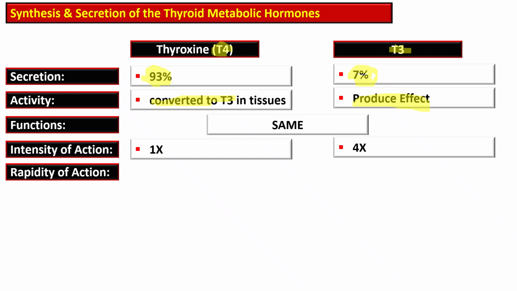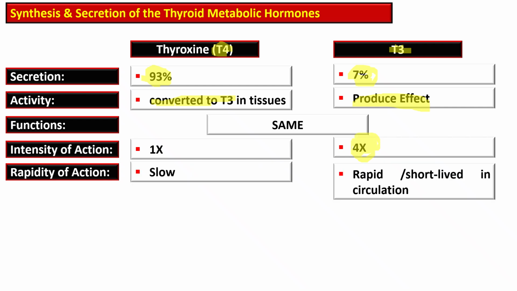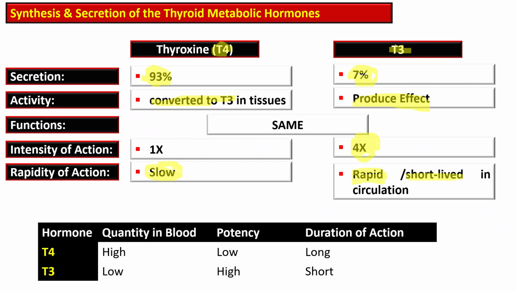The intensity of action of T3 is 4 times that of thyroxine, or T4. T4 is slow in action, while T3 is rapidly acting and short-lived in the circulation.